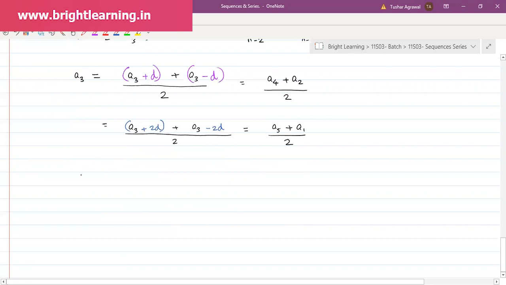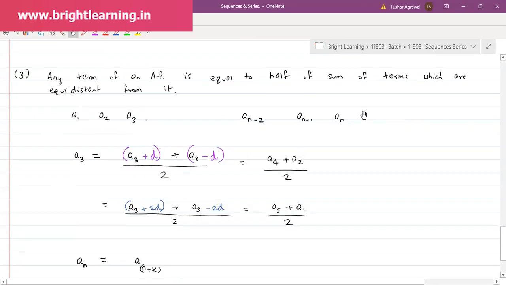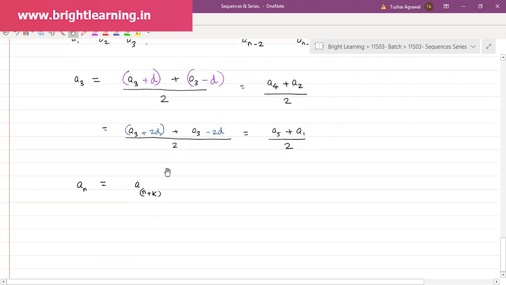So the generalized result is for AN, the Nth term. You go K units ahead, K units meaning term wise, to the next term, and you come K units previous to that.